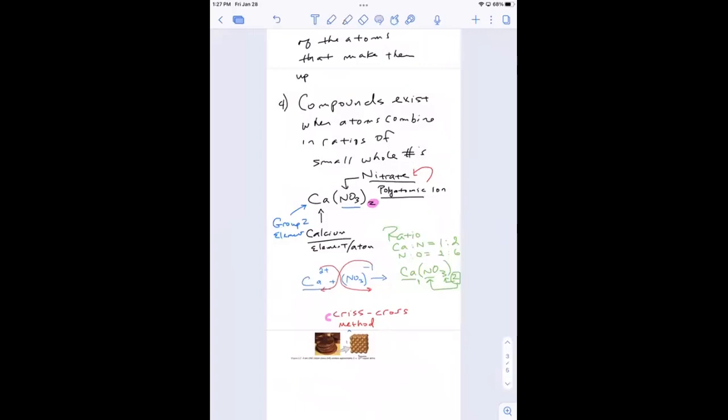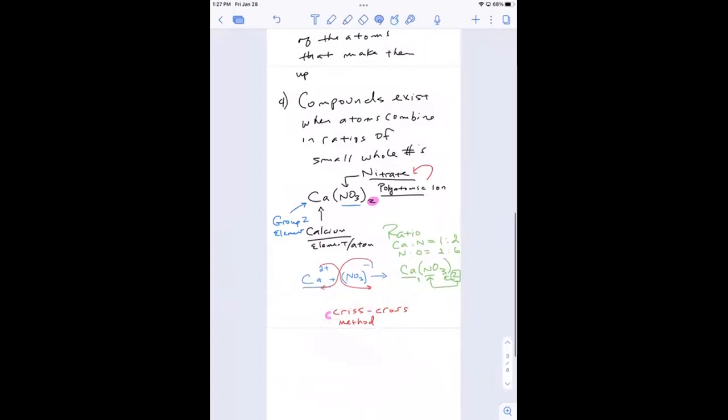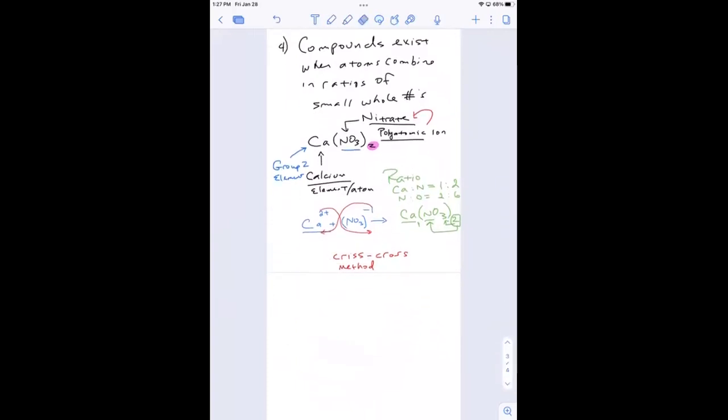And then the final point in the theory, so we know that these are small whole number compounds, is very important. When reactions happen, atoms do not get destroyed. They don't get created. They only rearrange.